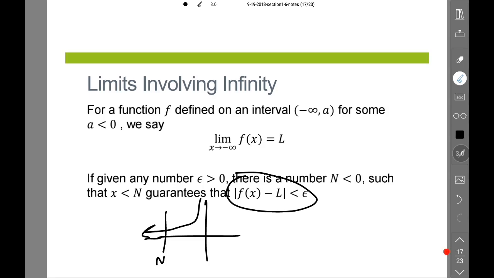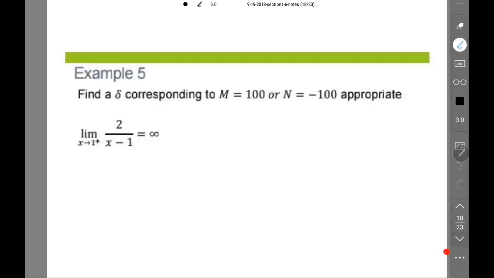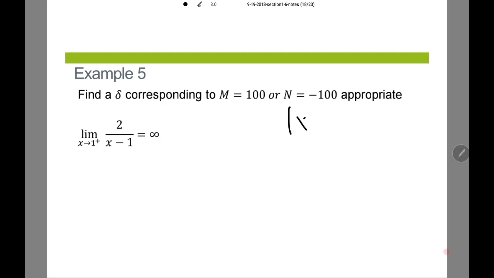So what we're going to do with those kinds of problems is find a delta value corresponding to an m value or an n value, and figure out what delta value we need to make this true. We're pretty much going to use this, x minus 1 less than delta.